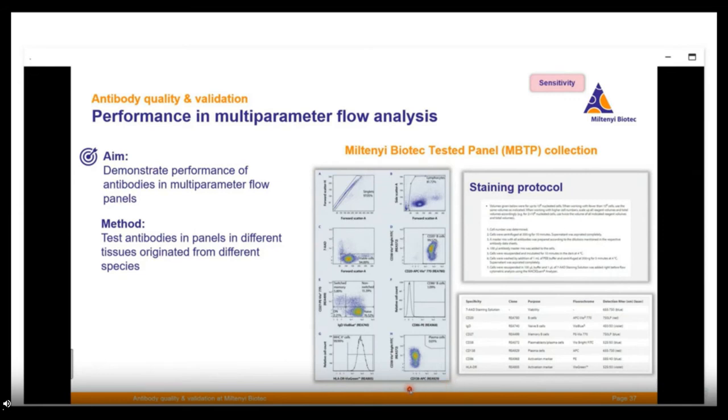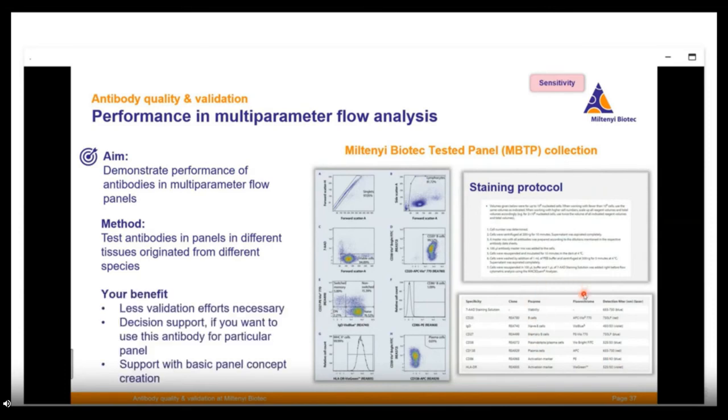Here is B cell panel data I'm showing you. We also offer the staining protocol and the detailed composition of the antibody panel, why a certain marker was used and which fluorochrome it was conjugated to, and so on. And this kind of data, of course, not only reduces your validation effort, it also supports you with your basic panel concept if you are trying to start building a new panel.